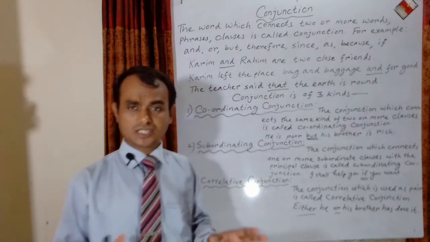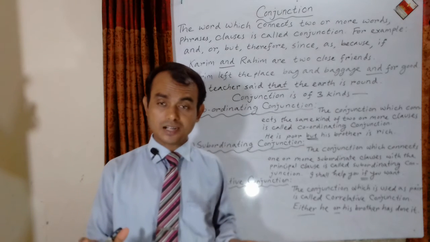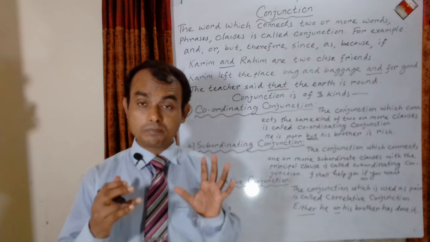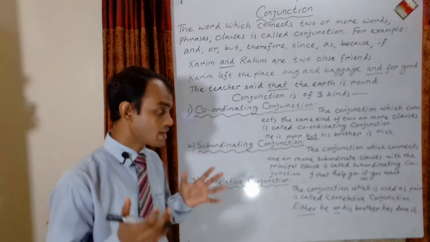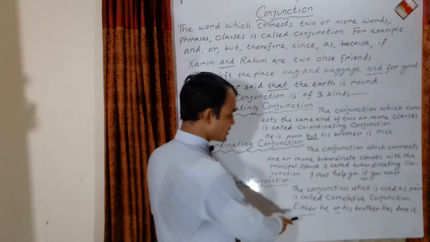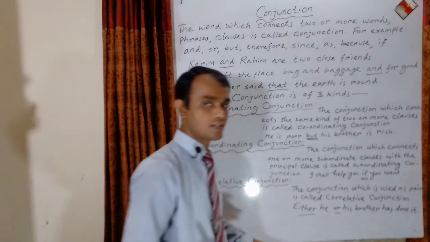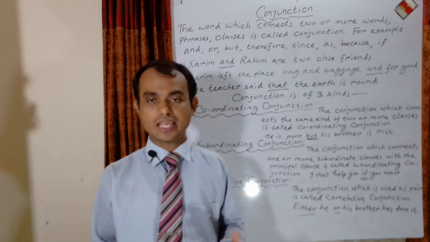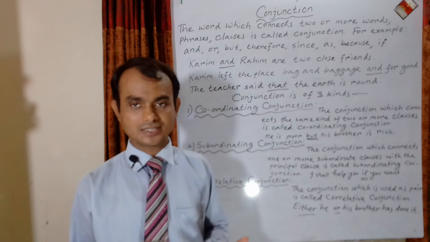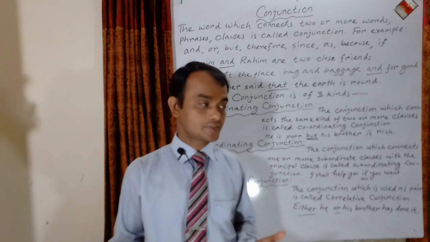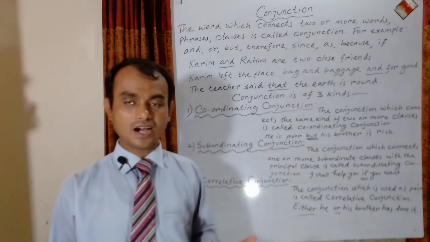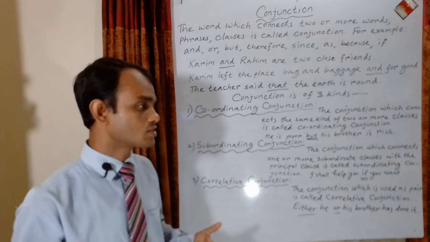There are some conjunctions which come as a pair, like either or, neither nor, not only but also, both and, no sooner than, scarcely when, hardly before, and so on.